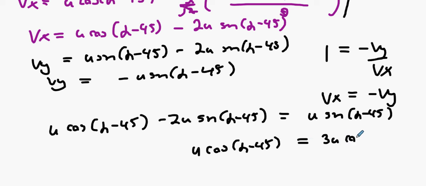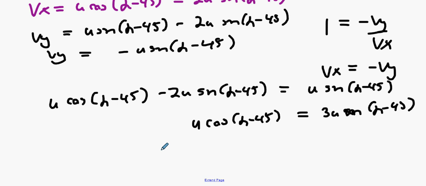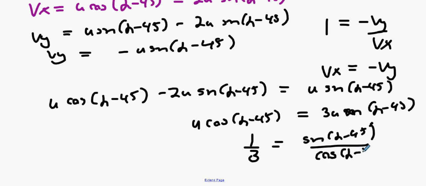3u cos, sin. Alright guys, what's the next plan here? Cancel the u's. Bring the 3 down, so it's going to be 1/3 equals sin(alpha minus 45) divided by cos(alpha minus 45).